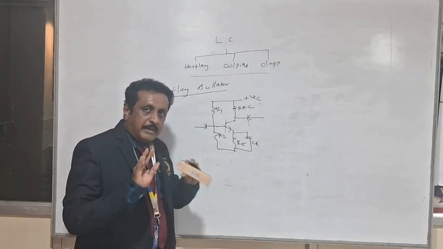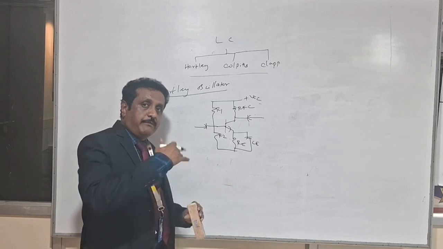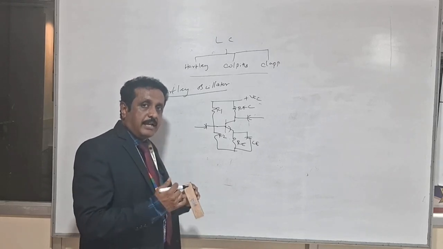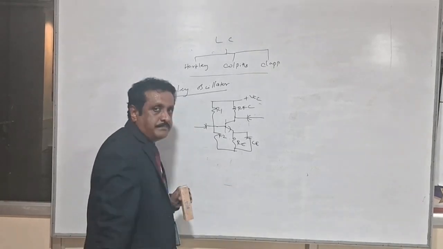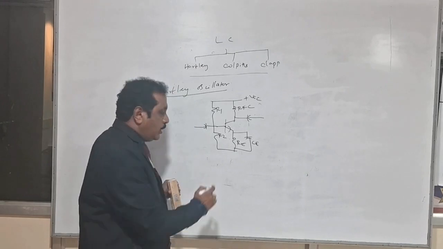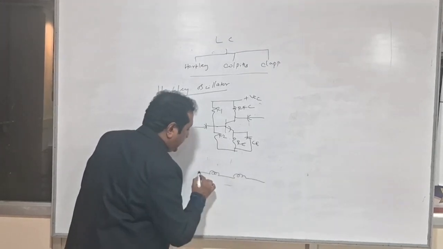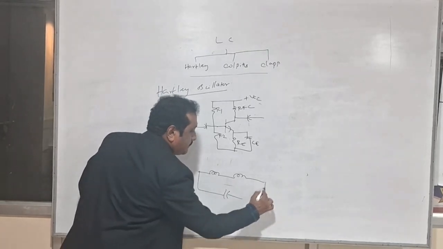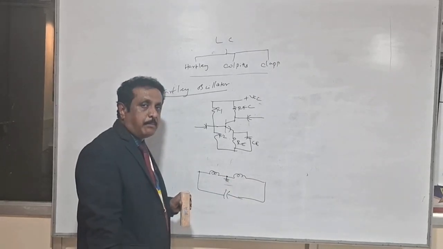This is a normal common emitter amplifier. Now we are going to convert this open loop amplifier into a positive feedback amplifier. So in Hartley, the feedback network is made up of two inductors and one capacitor, and the center tap of the inductor, the midpoint, should be grounded.